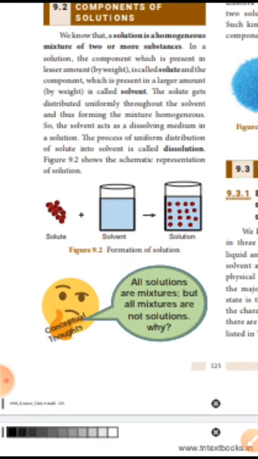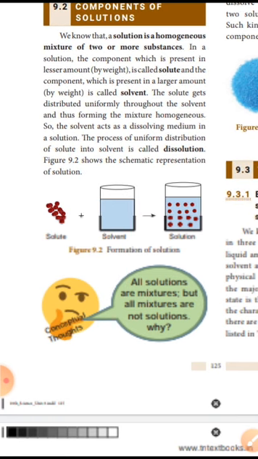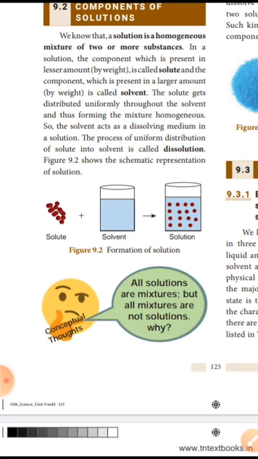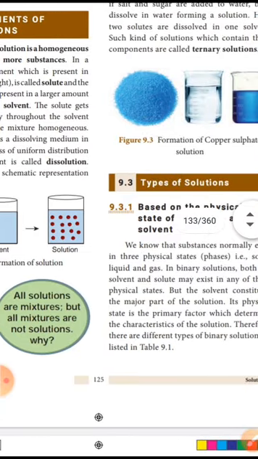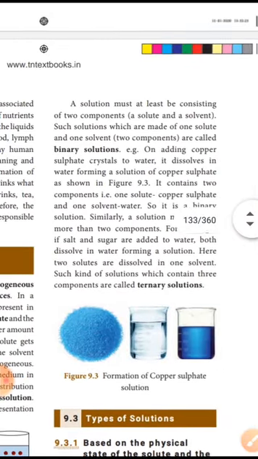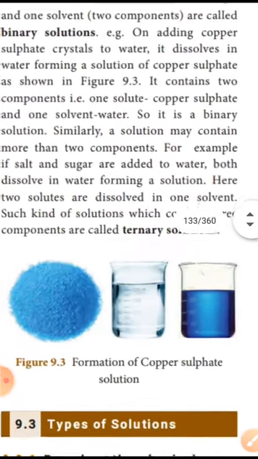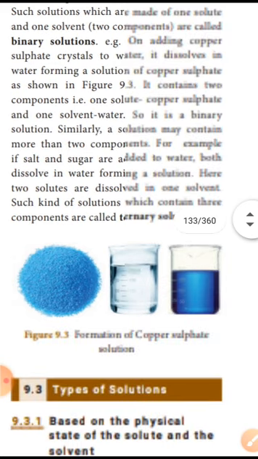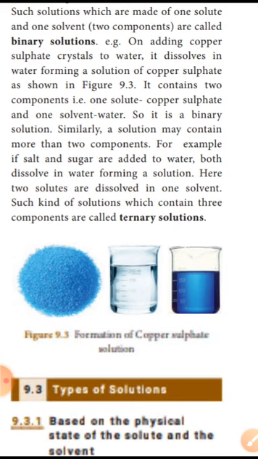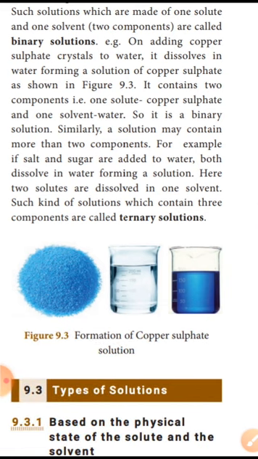What is a binary solution? What is a ternary solution? The binary solution contains two substances, one solute and one solvent. The ternary solution contains three substances, two solutes and one solvent.